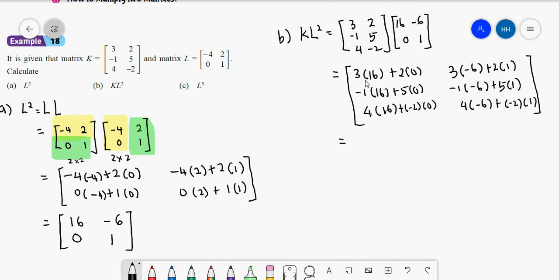And then you solve the addition of the elements inside.